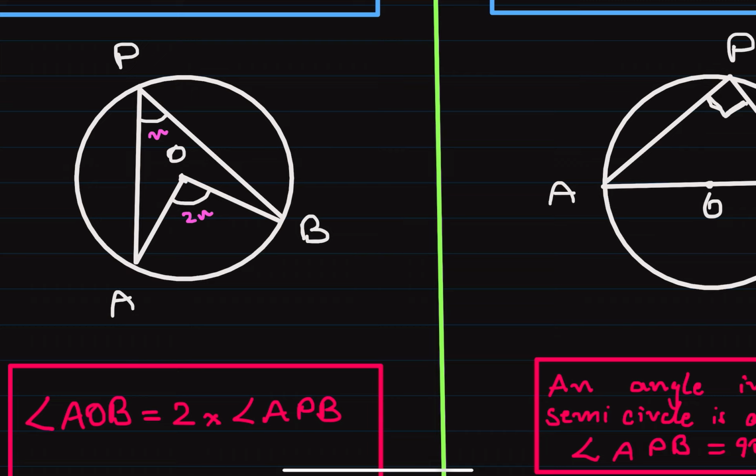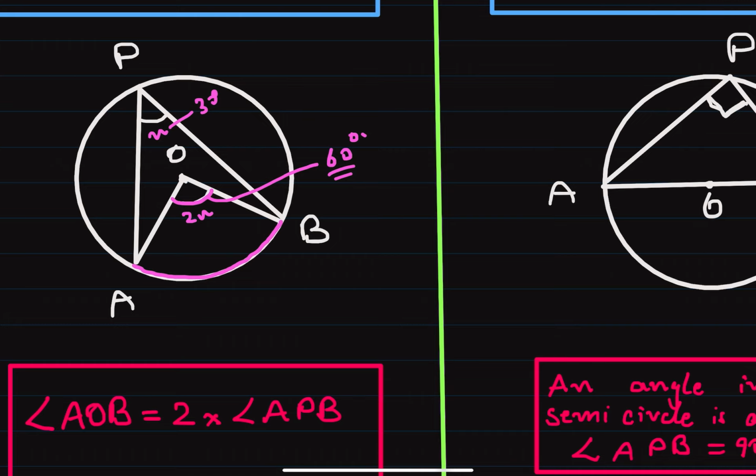The reason is that these two angles are facing the same arc, right? This is a condition. For example, if this x is 30, then this central angle should be double it. It should be 60 degrees, right?